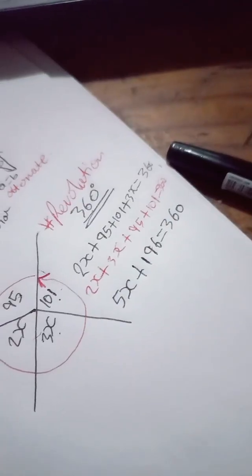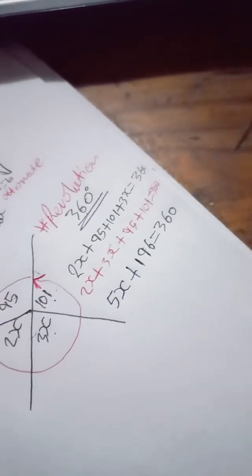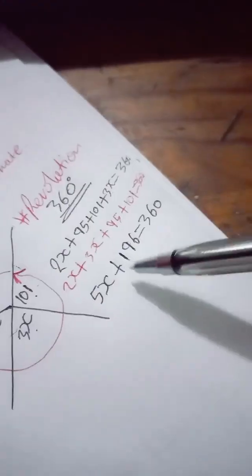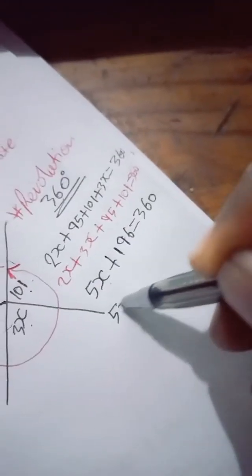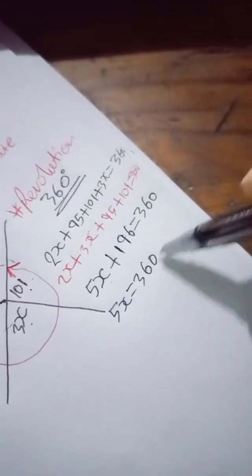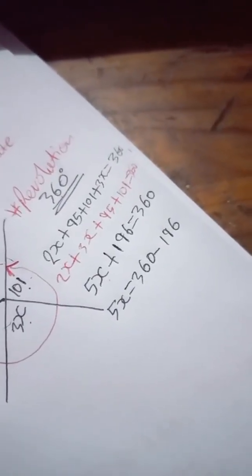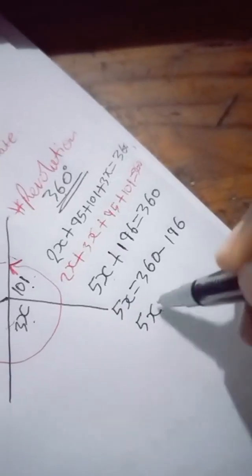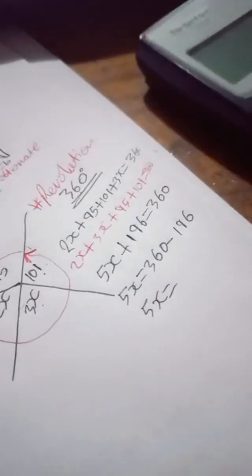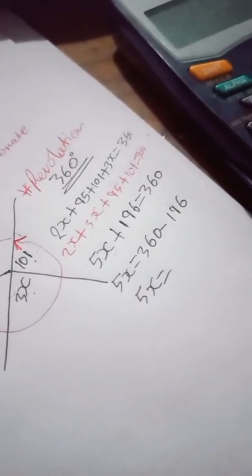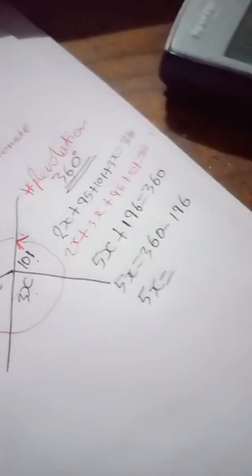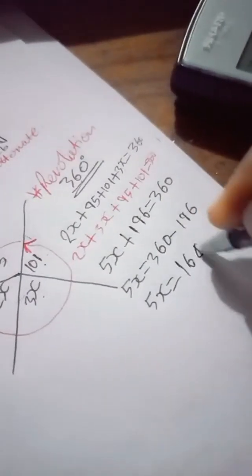Right. So now we are simplifying for this x. So 5x is equal to 360 minus 196. 360 minus 196 is 164.